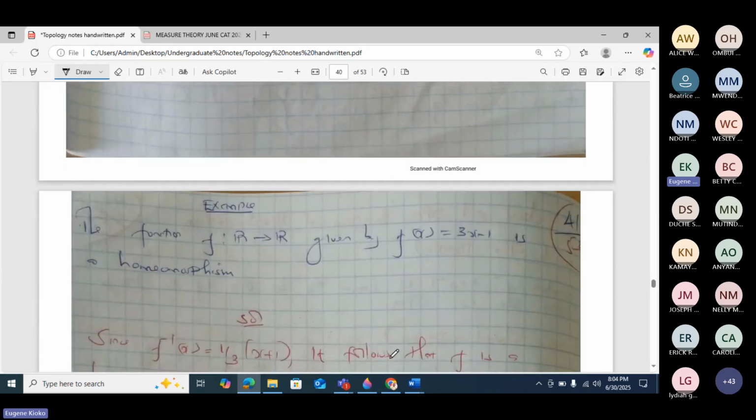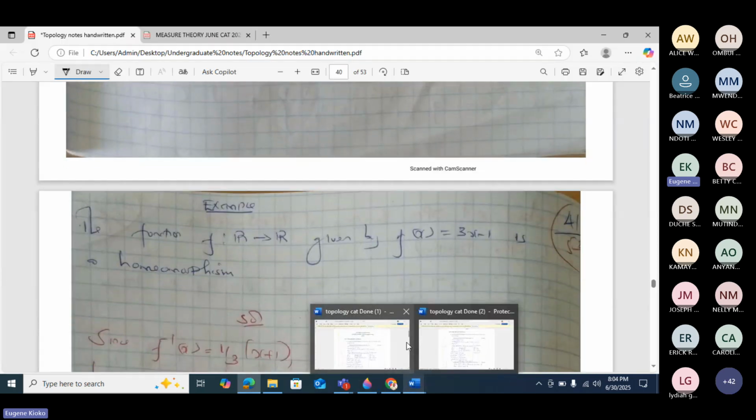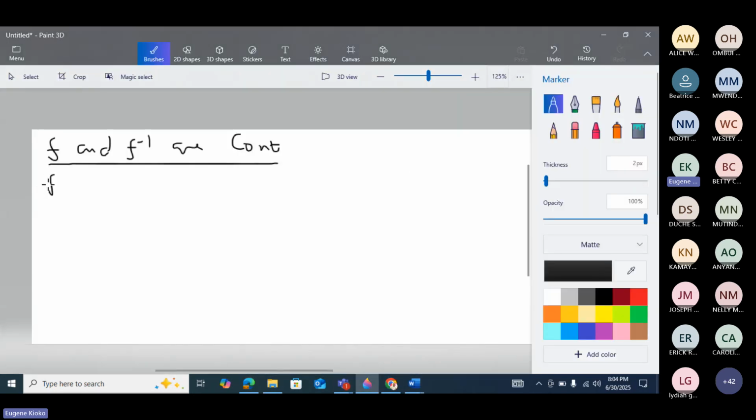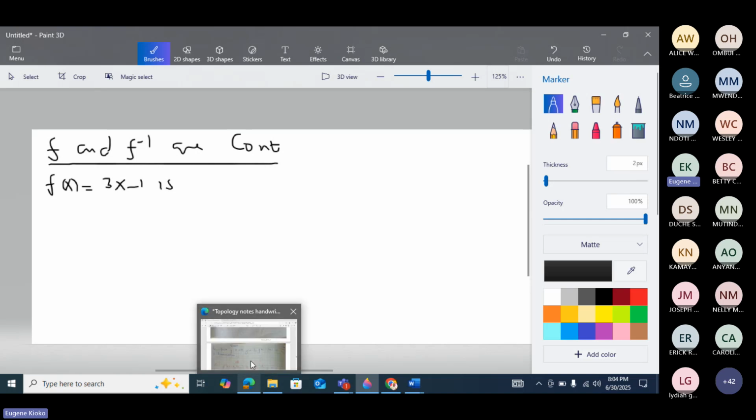This function f(x) given by 3x minus 1 is a homeomorphism.